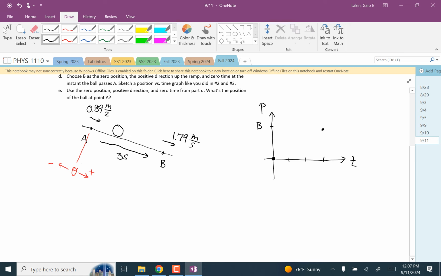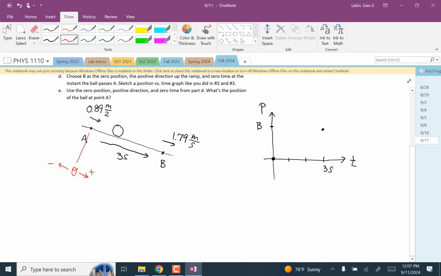What do we know about the velocities at time equals 0 and time equals 3 seconds? At time equals 0, we know that it has a positive velocity that's half of the positive velocity it's going to have at this point.